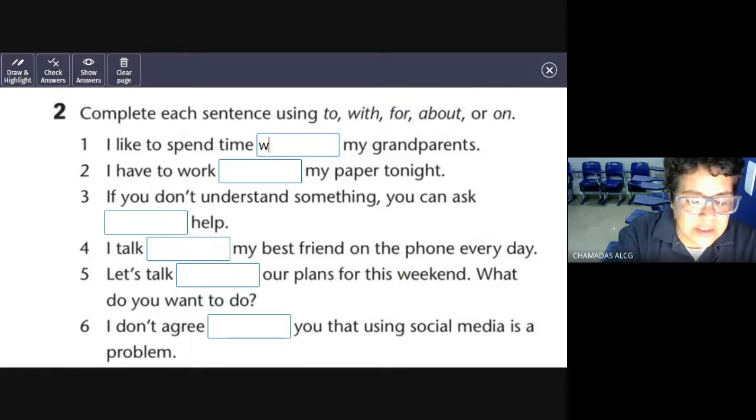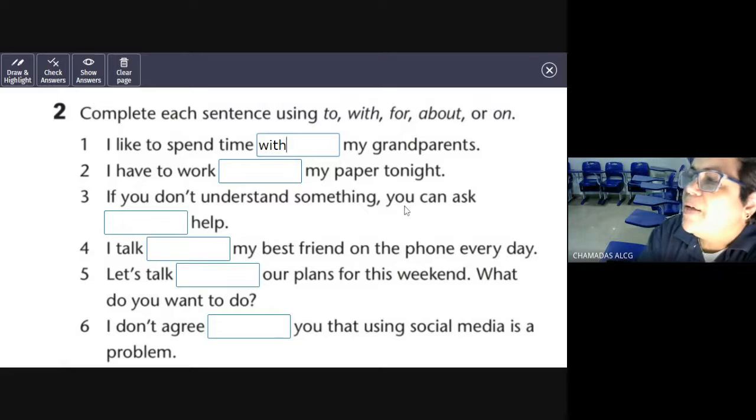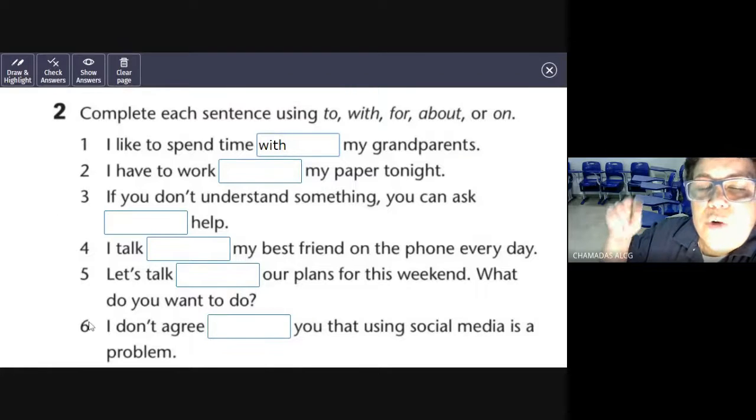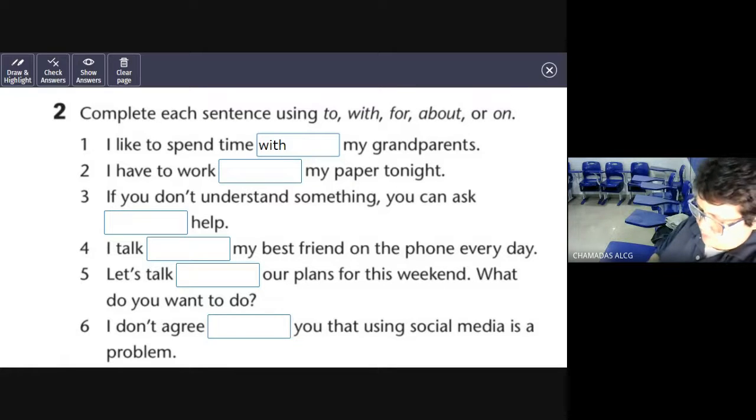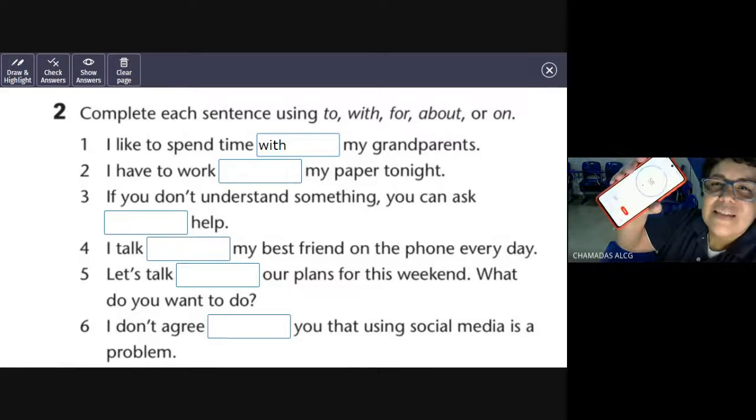Yes, good. With my grandparents. Now, people, I will give you 1 minute to complete the others, okay? So number your page on your notebook from 1 to 6 and just write the answers, okay? So let me time you for that. Okay, 1 minute. Let's do it.